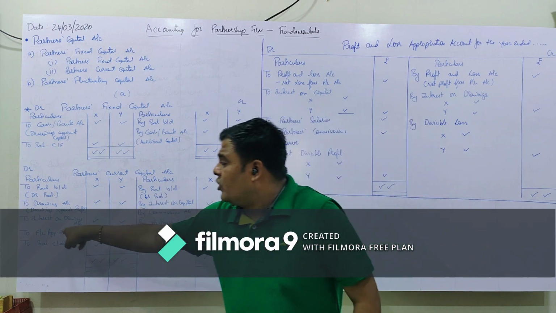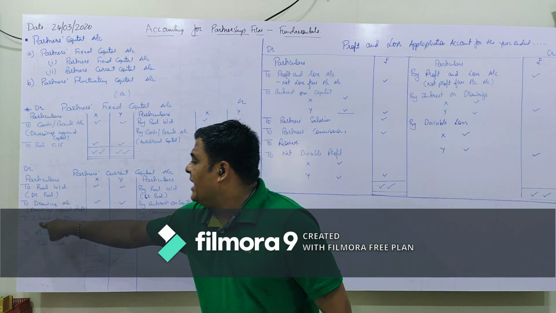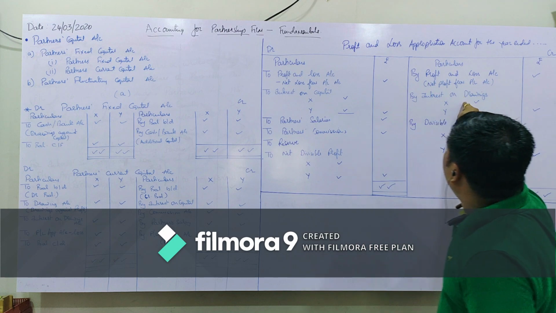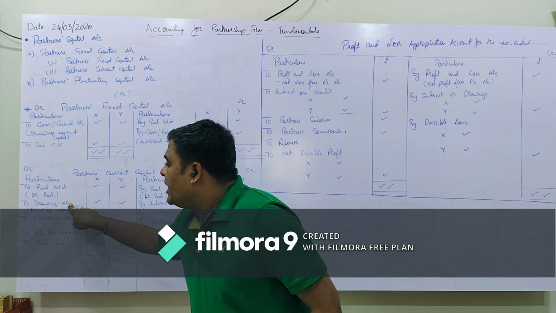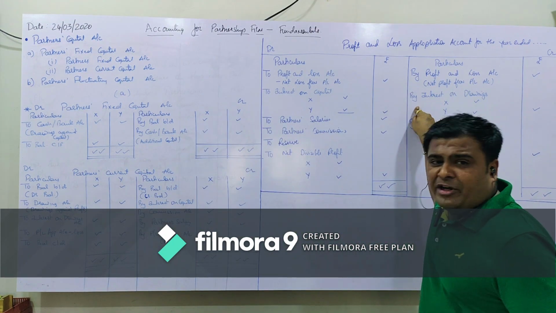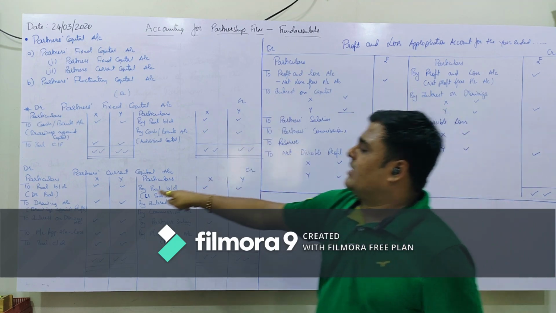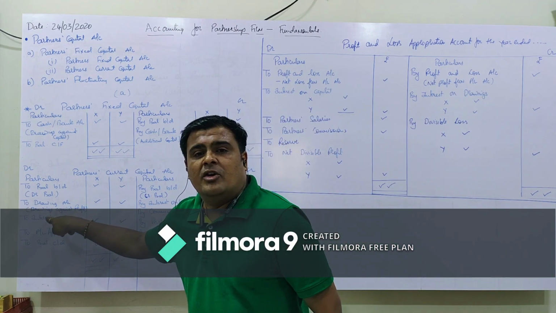On the same side, in the same way, on the debit side, whatever is credited except the drawings. In the partner's appropriation account we do not record drawings, but in the partner's current capital account we record drawings.